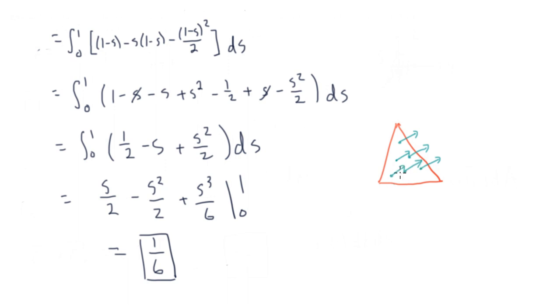And so if it was water, you can just think about that's the amount of water passing through the region, or if the vector field represented an electric field, that's the electric flux over the region, etc. Yeah, so really cool, has a really nice physical interpretation, very much related to the line integral, flux integral that we did. It's the amount of the field passing out of the surface.